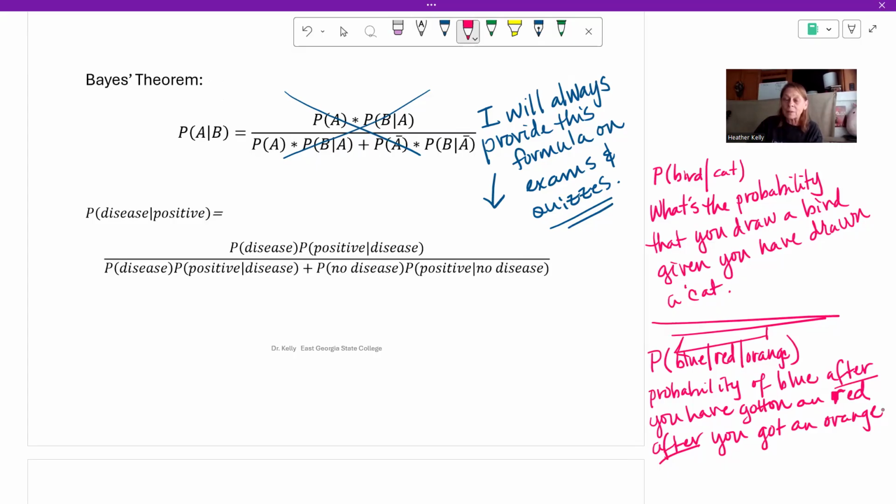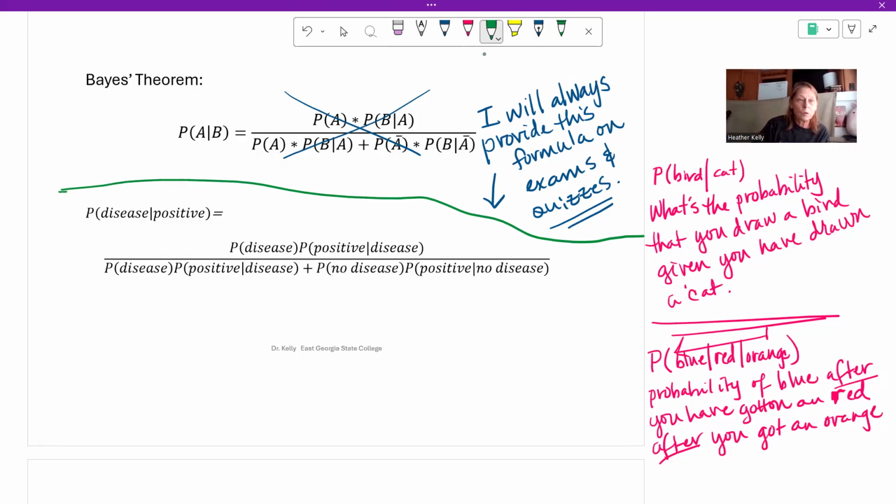Okay, now I bring this up because I want you to notice something over here in these formulas. So let's get over here to the base formula. Let me get in the green. I like green. Okay, so here's the base formula. And I want you to notice what it says here. This is the probability that you have been given a positive result on a medical test and you actually have the disease.